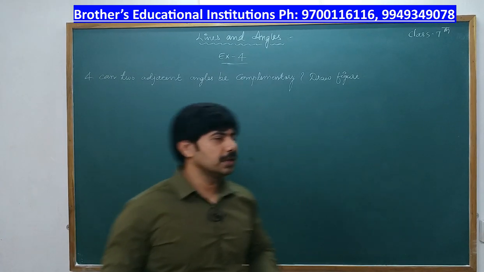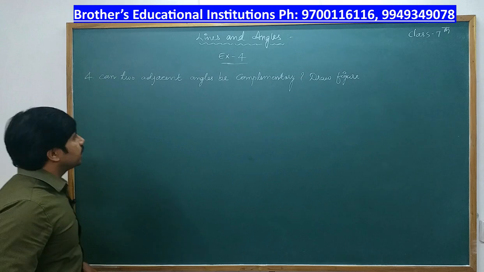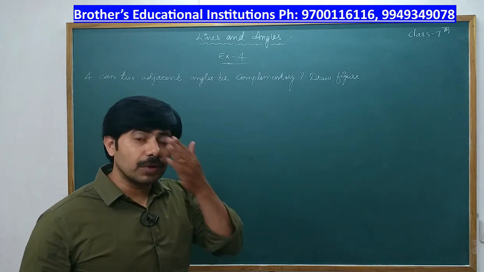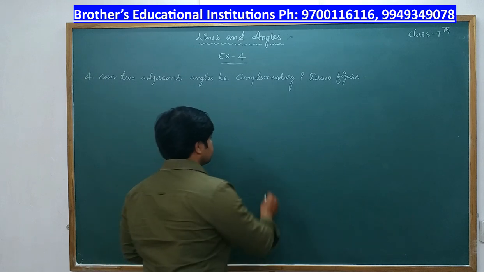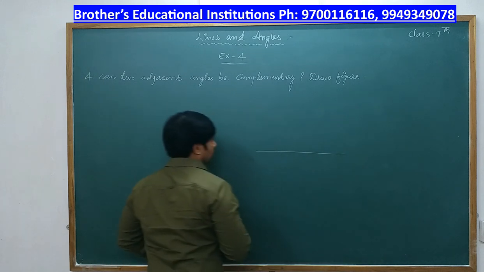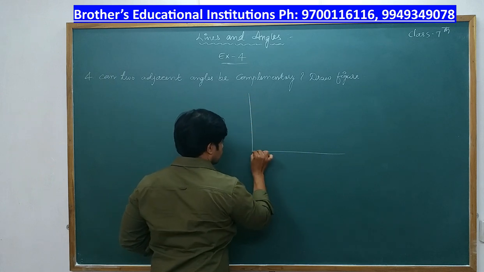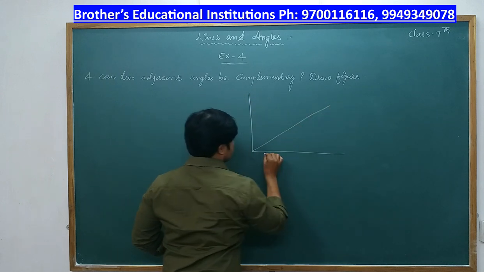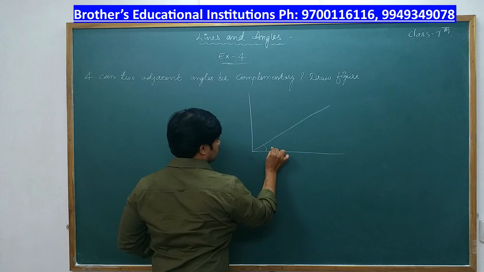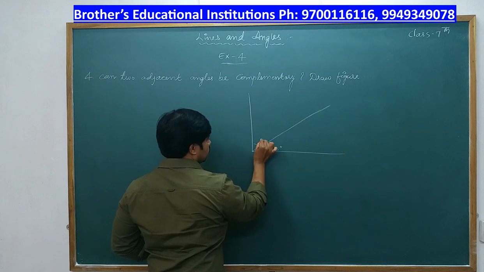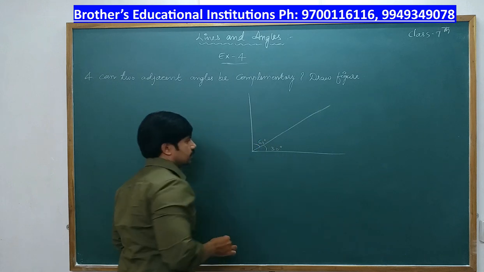Next problem. Can two adjacent angles be complementary? Draw the figure. Complementary means the sum of two angles is 90 degrees. So here, just draw this, 30 degrees and 60 degrees.